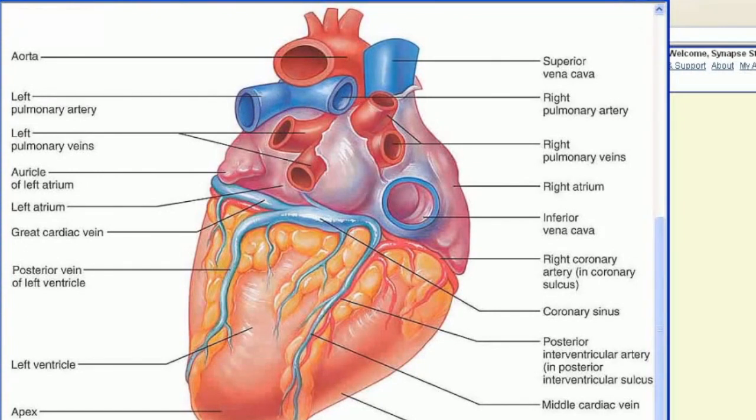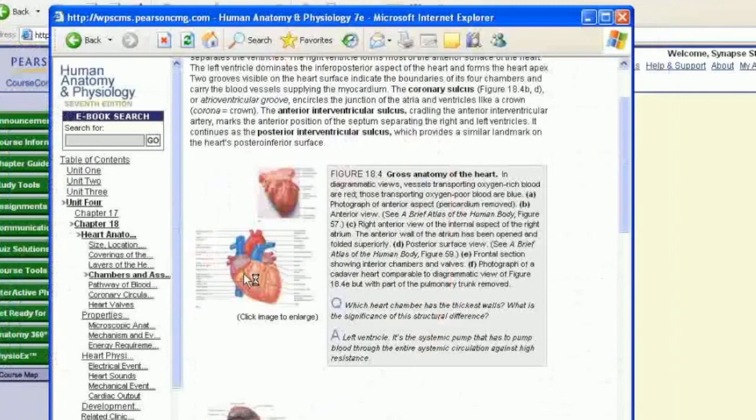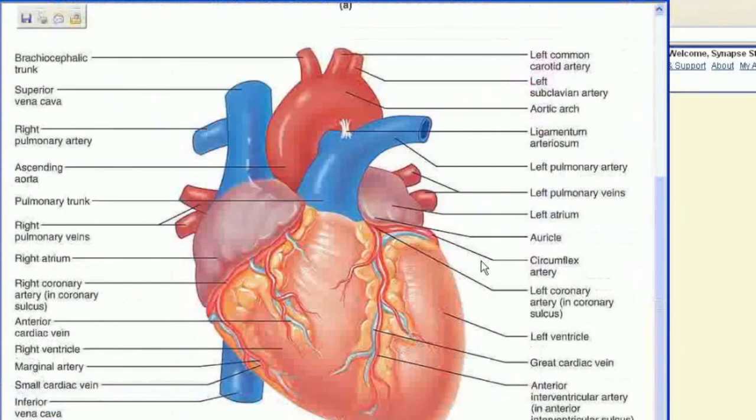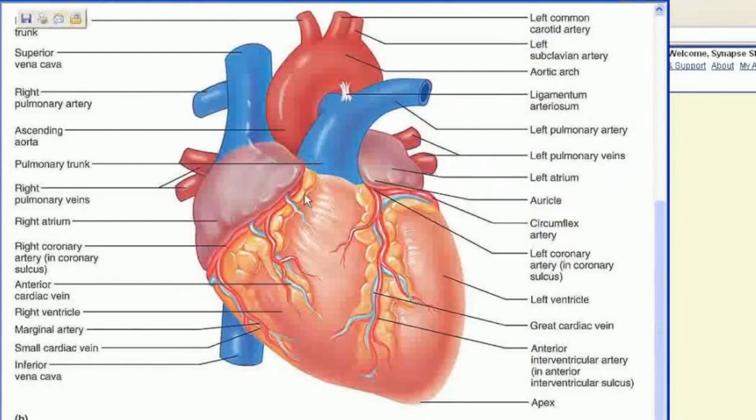One thing we haven't done yet is talk about what's called the coronary circulation. You guys heard of that before, coronary circulation? In your book, go back to 681 for a second. This picture. See, there's a groove between the atrium and the ventricle, and there's blood vessels in it, right?